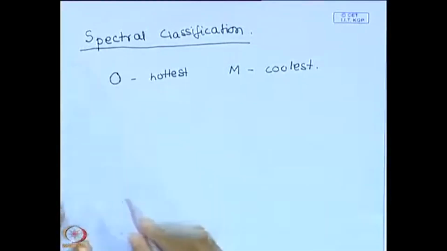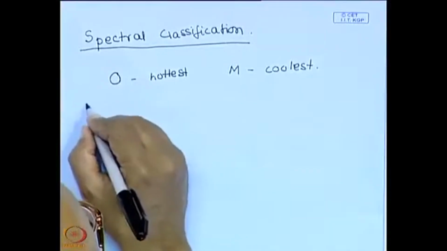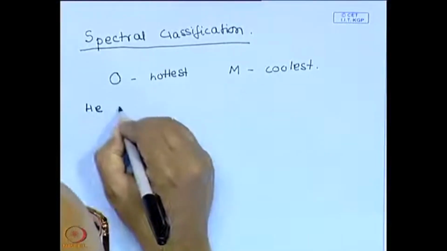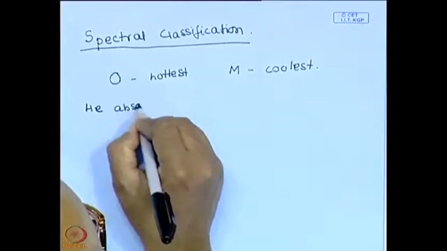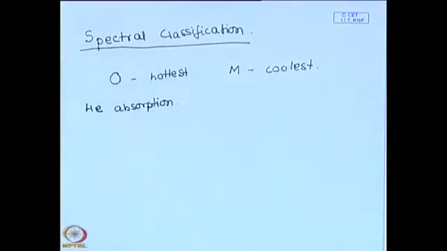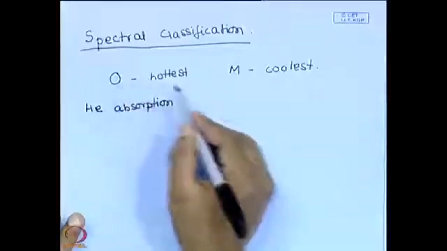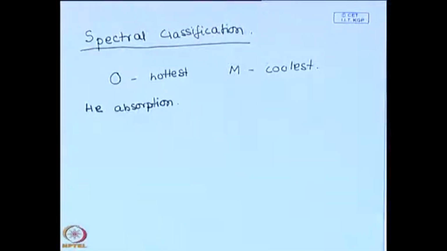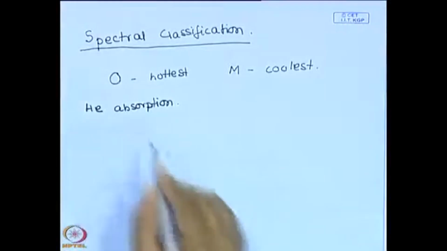So, in the O stars you get helium absorption lines. To excite helium you have to produce ultraviolet radiation. So, these O stars produce copious amounts of ultraviolet radiation which is adequate to ionize helium.